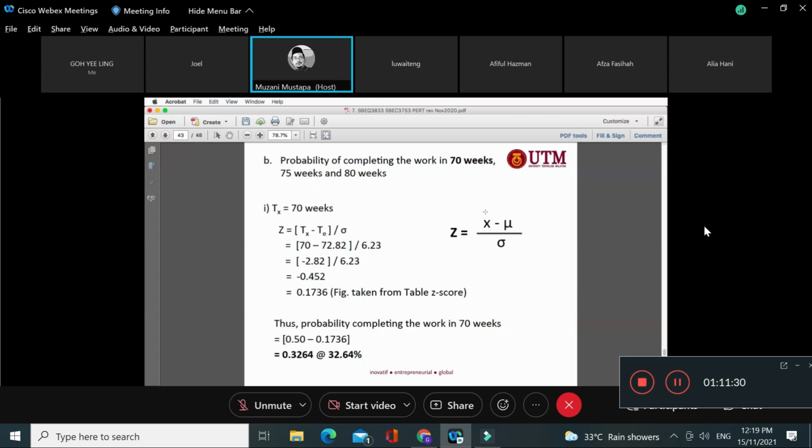It is to advise the client, or to advise the subcontractor. For a subcontractor, the main contractor says, okay, I bid this project for 40 weeks, for example. Say the contractor looks at the work program for the piling work and tells the client the work program is 2 months to complete.